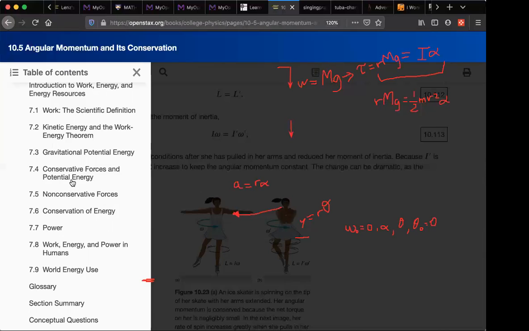Then we talked about conservative forces and potential energy, where conservative forces are defined by forces that can cause movement that is not lost by friction or heat or breaking or bending or sound.